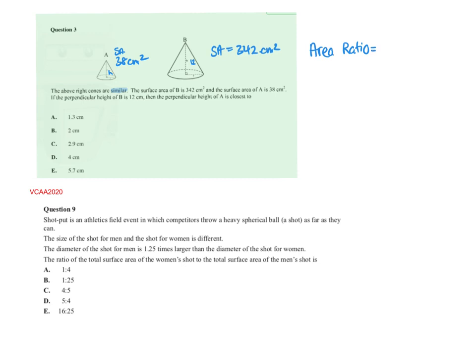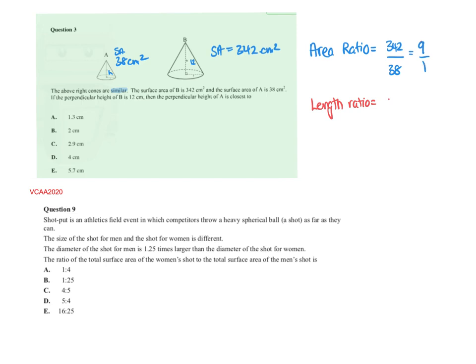So if I compare the areas, we've got 342 over 38, okay? And if we were going back to find the length ratio, we would do the square root. You have to simplify it first. So let's simplify that first. So this ends up being 9 over 1, okay?